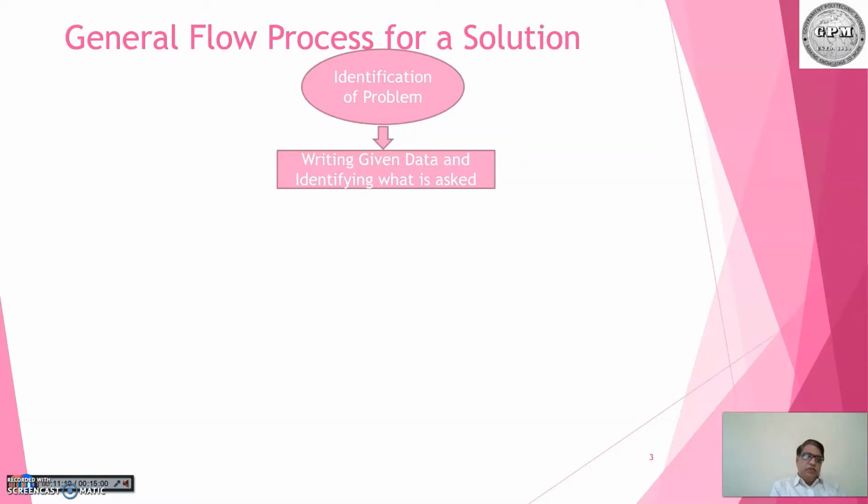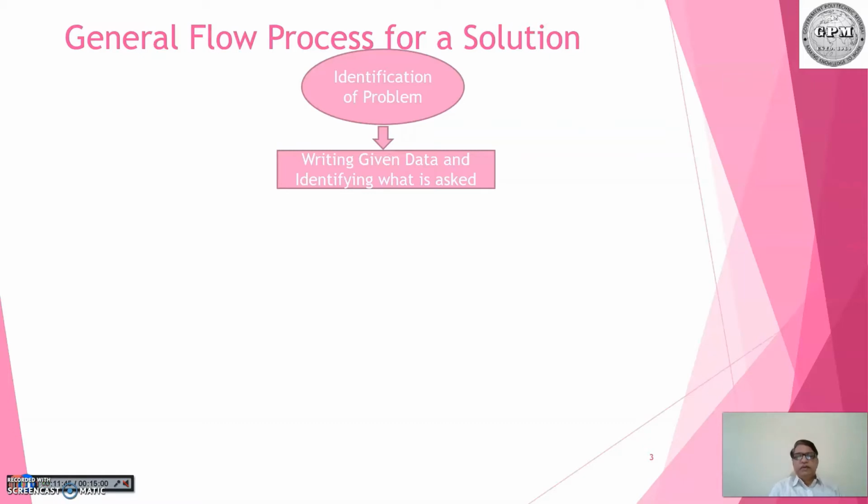If I want to convert 1 Newton per meter square into 1 Newton per mm square, you must know what the conversions are. 1 megapascal, that is 10 raised to 6 Newton per meter square, is equal to 1 Newton per mm square. If you know these things, then we can write down the data. If you are writing in meters, write everything in meters.